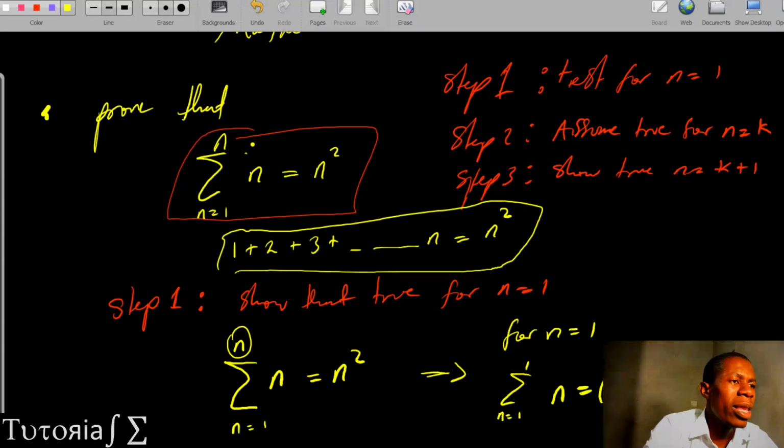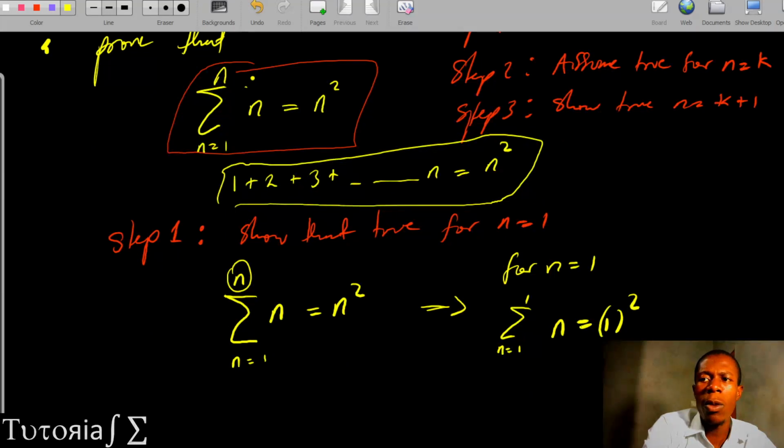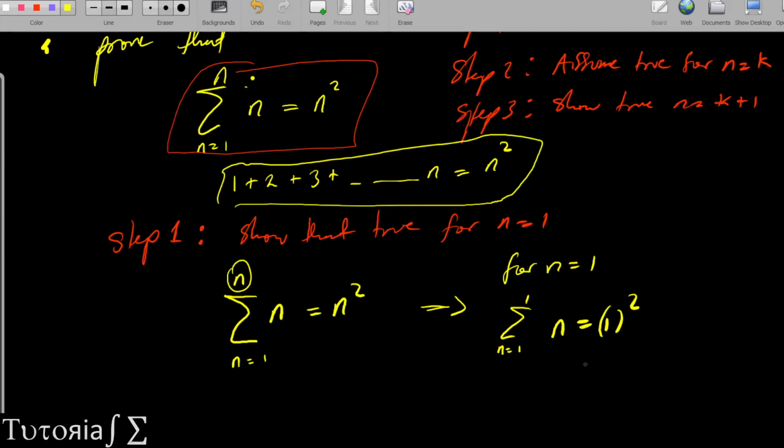Then on this part, we are summing from 1 to 1. So basically, a sum, we put in the values into this. From 1, we are summing from 1, so that is 1, and we are ending at 1. So the last number that we can put in there is 1.